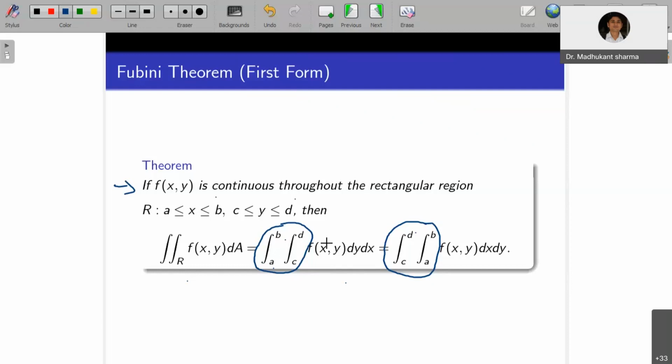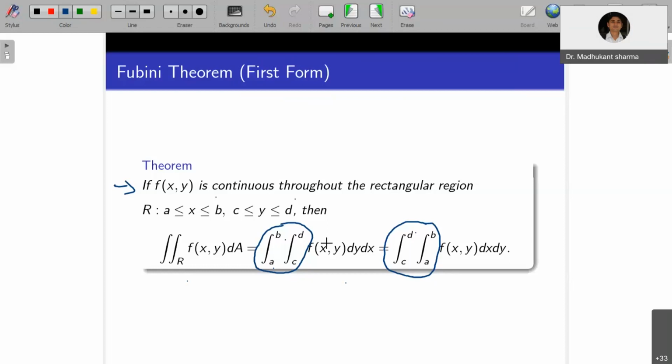You may have a triangular region, where one of the limits is variable. So if you have a non-rectangular region, what will you do? Then there is a second form of Fubini's theorem that gives you that result.